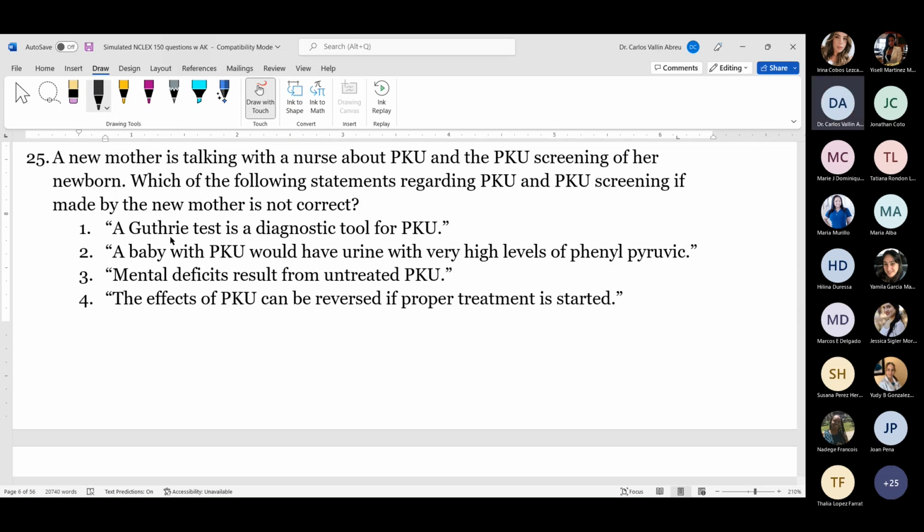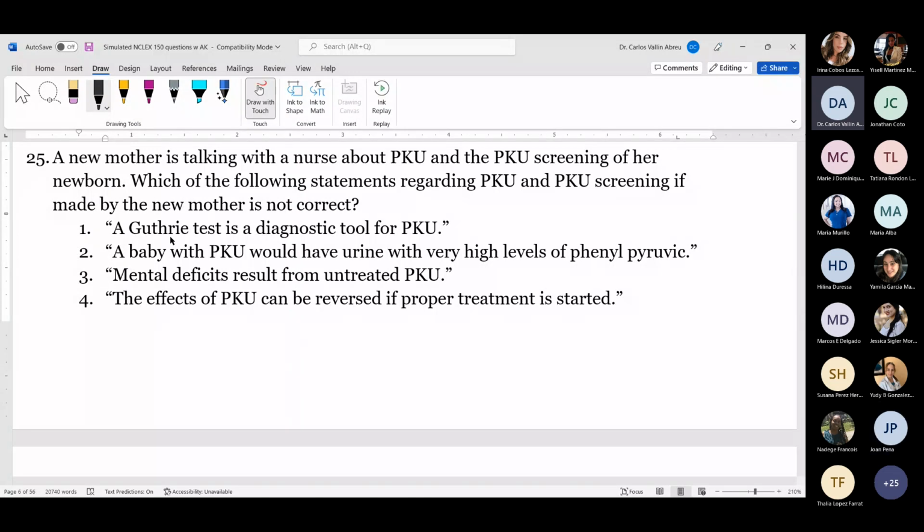It can produce brain damage. That's why these and many other metabolic, congenital or hereditary conditions are investigated, because then you can have a child with brain damage, mental retardation, learning disability, seizures, etc., if they are not treated.